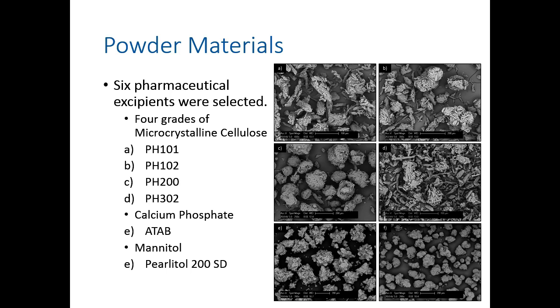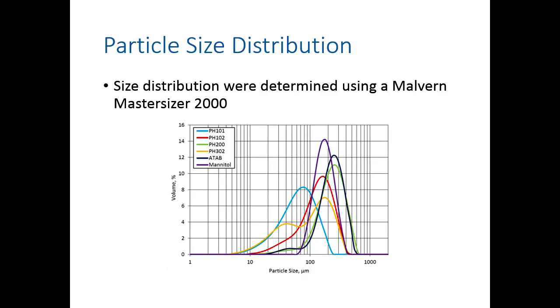And to obtain an understanding of how these powders behave and to get some understanding about the properties of these powders, we did a range of different experiments. To start with, we measured the particle size distribution of the powders. This gave us the average particle size of the powders that we were using, and also the span of the graph gave us what portion of the powders we were using were fine particles.